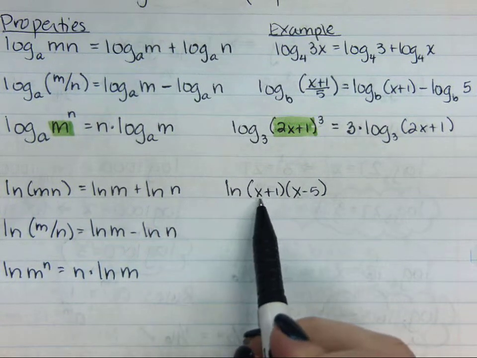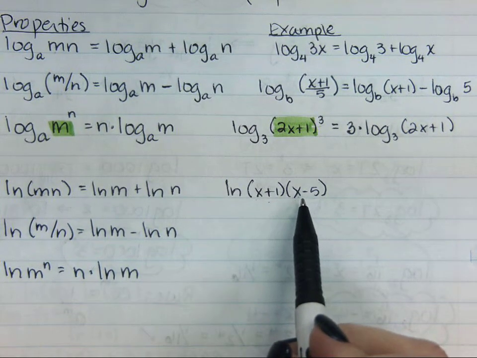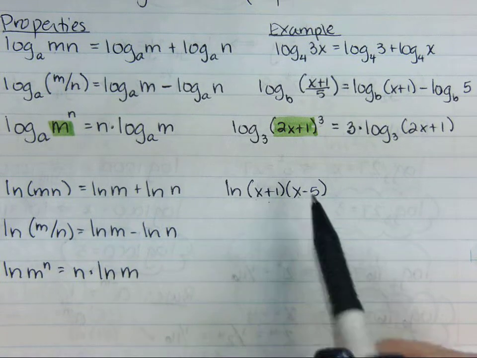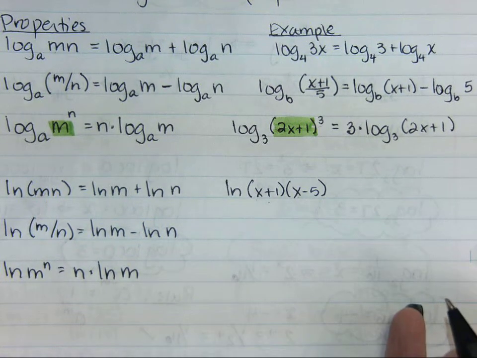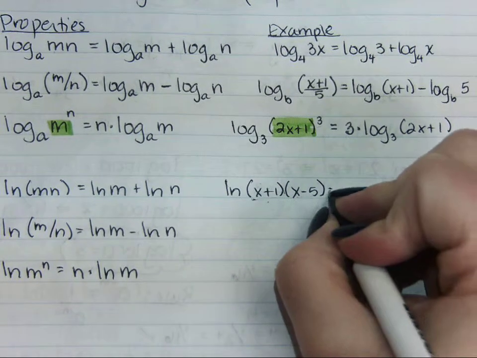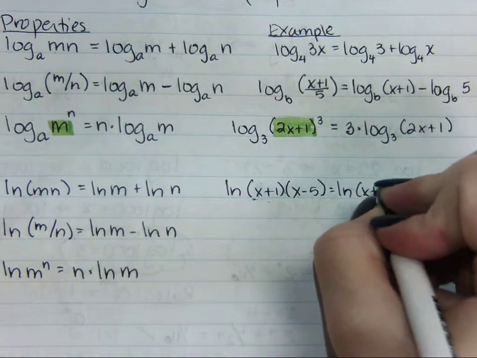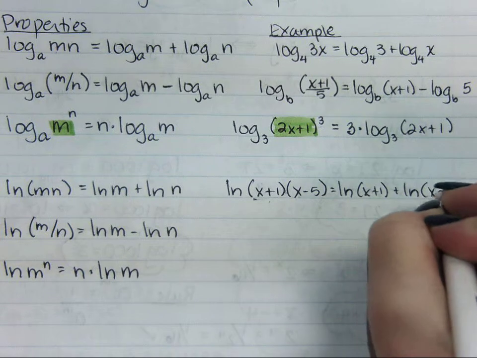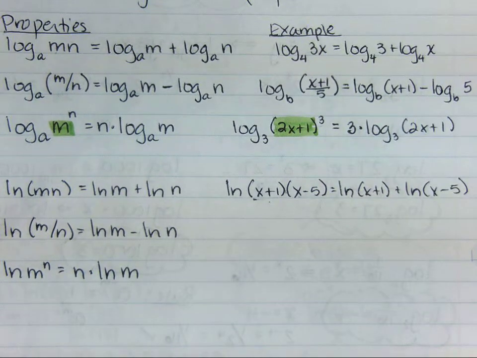You do not want to multiply this out. If you multiply it out, there's no way to use a rule to continue to expand. So you need to leave these as a factor and another factor and rewrite it as the ln of the first factor plus the ln of the second factor. That's all you can do.